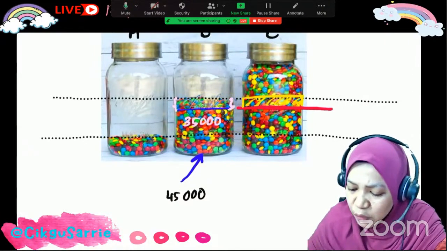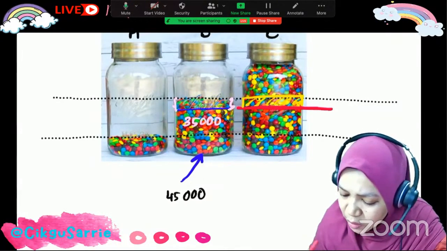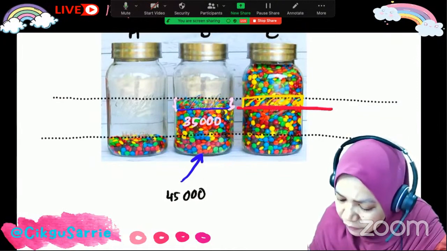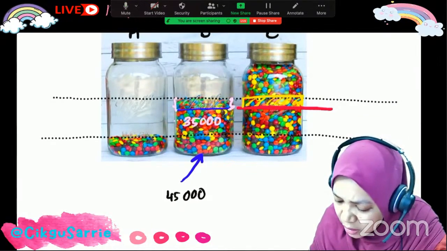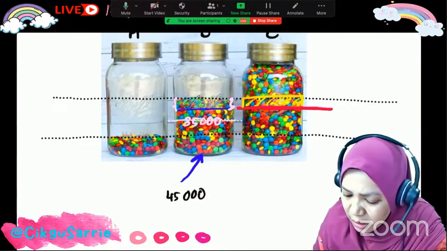Because if we draw the dotted line here, half of bottle B is there.